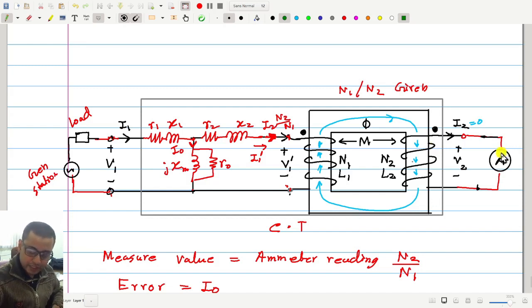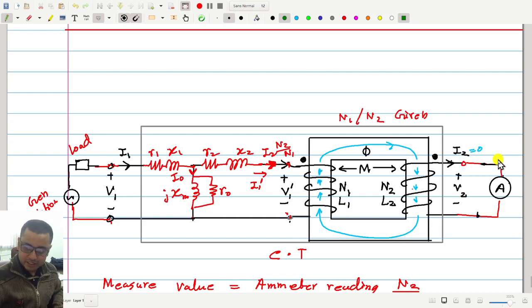That is, if the power factor angle of the meter matches the power factor angle of R naught plus jXm. If this angle matches this angle, then the angle error will be 0.